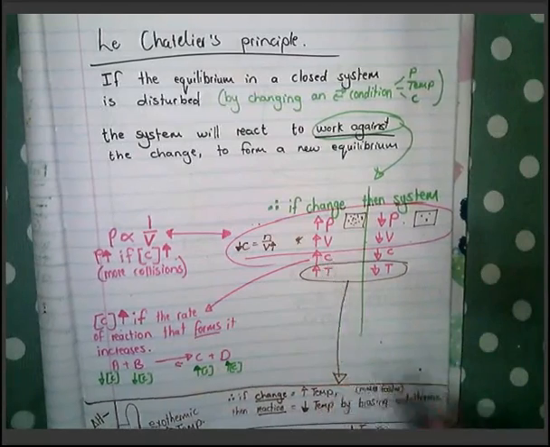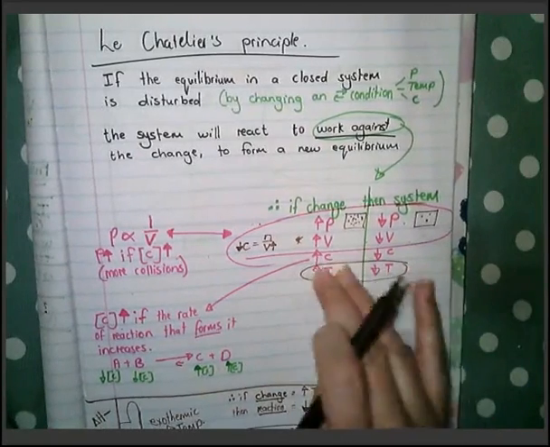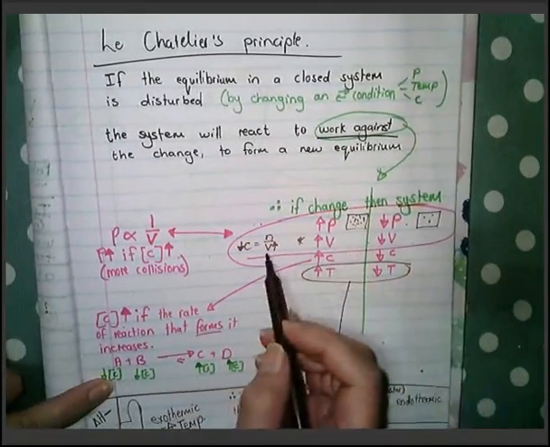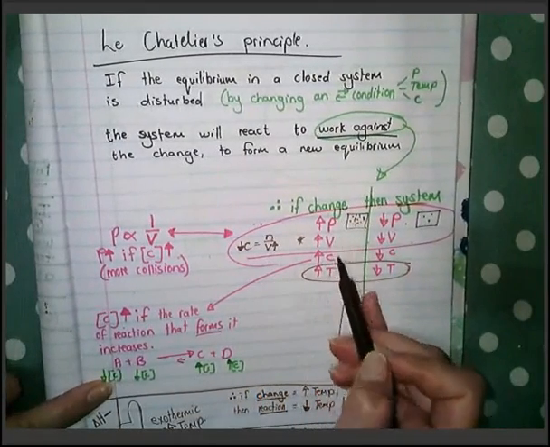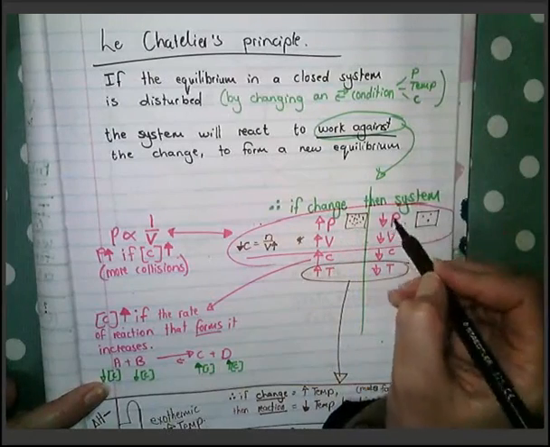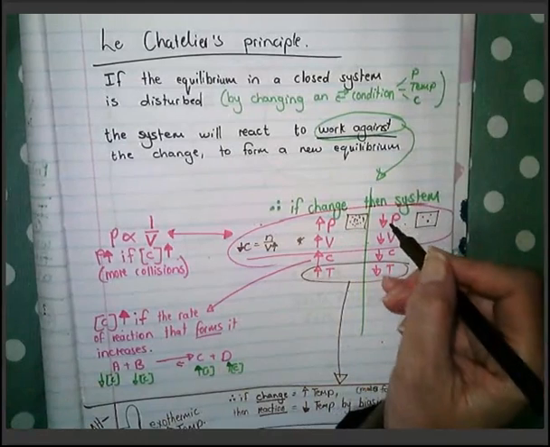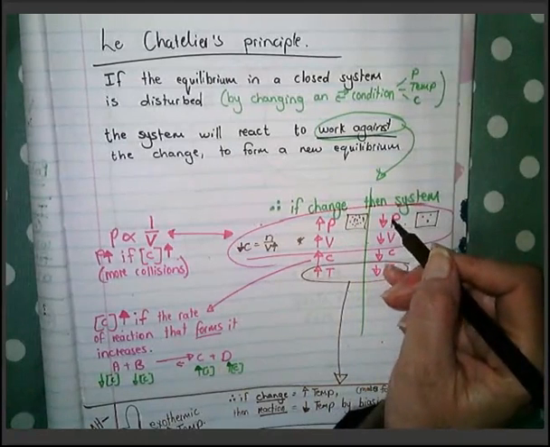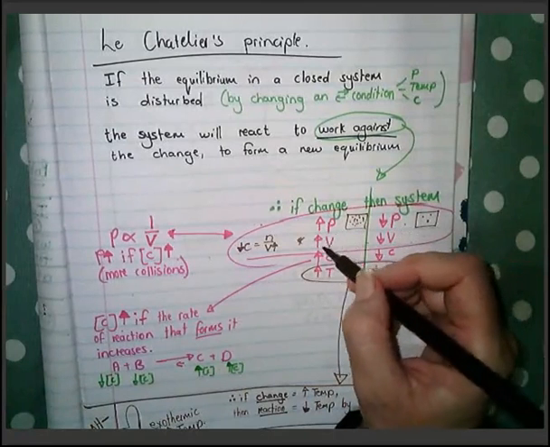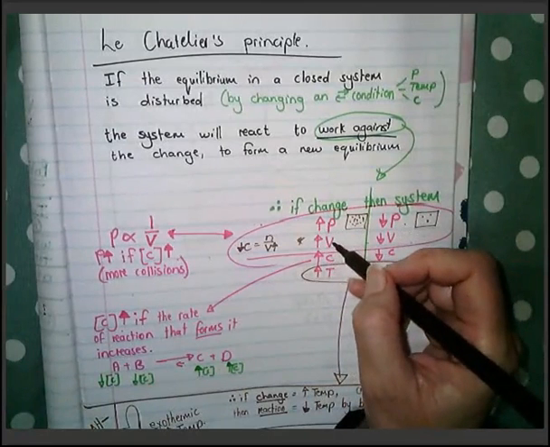Now let me just quickly talk about, before I talk to you about temperature, let's talk about chemistry first. So eventually you see pressure, volume, concentration changes. The system will try to decrease pressure by lowering concentration. It will work against an increase in volume by increasing concentration as well.